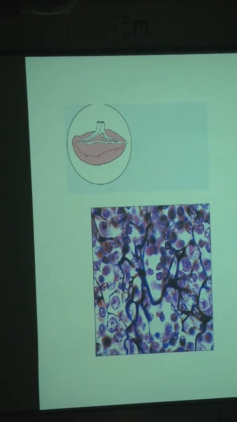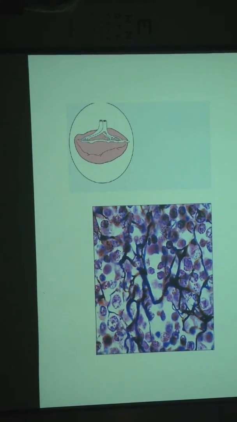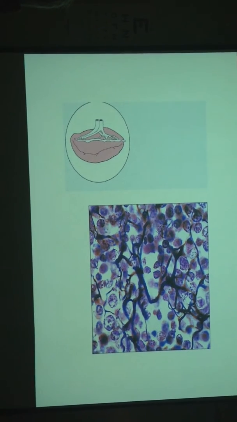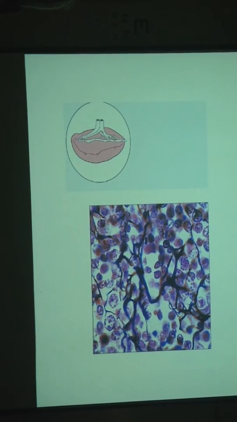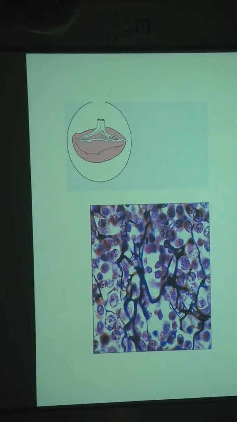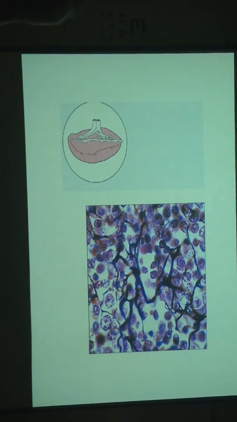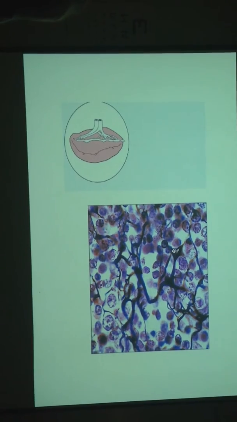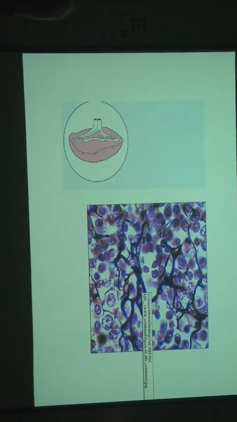Right? And what does the mattress of fibers form? Stroma. And within the stroma, you find cells. In this case, some red blood cells, some white blood cells, in the spleen.